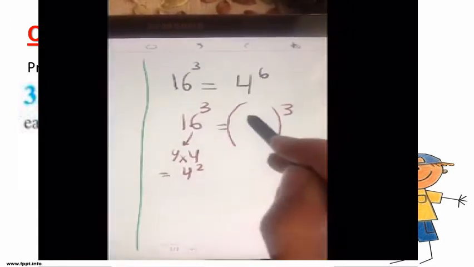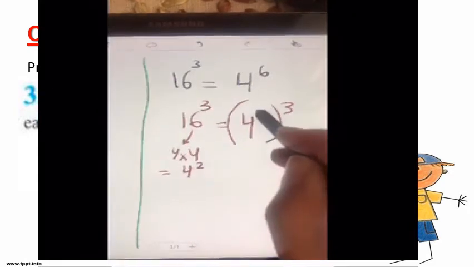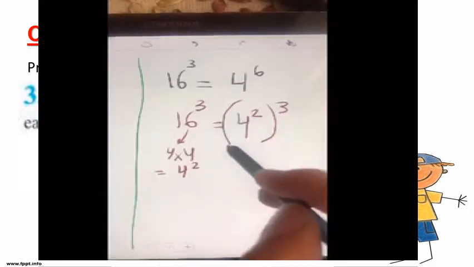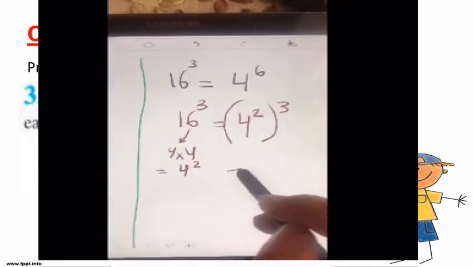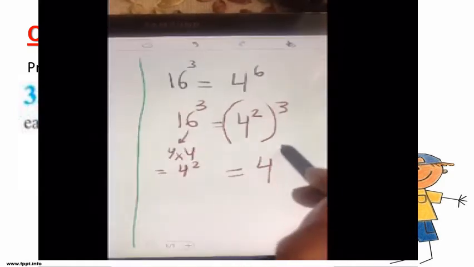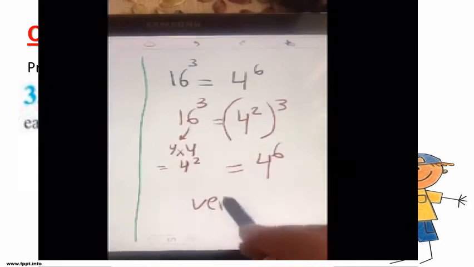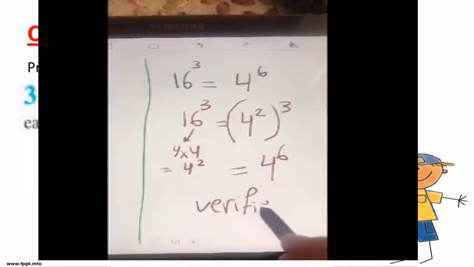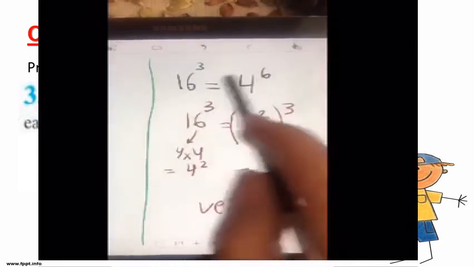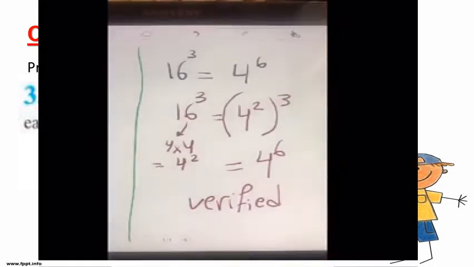So instead of 16, I can put 4 squared. Now I have parentheses, multiply the exponents to give me 4 to the power 6, which is this one. So it's verified. Okay, these are two equal powers, but they are different in shape.